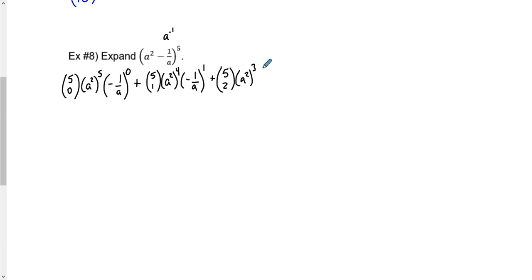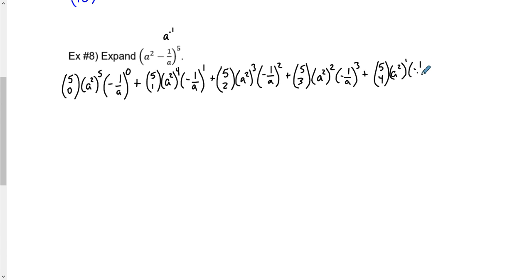A squared cubed, -1 over a squared. 5c3, a squared, squared, not cubed, because that first is going to go 5, 4, 3, 2, 1, 0. The second one is going to go 0, 1, 2. Then we'd have -1 over a to the power of 3. 5c4, a squared to the power of 1, -1 over a to the power of 4.